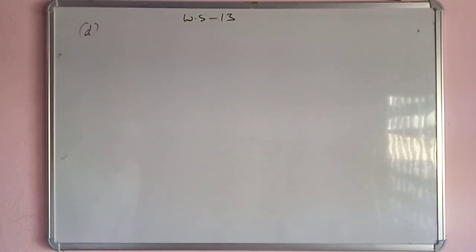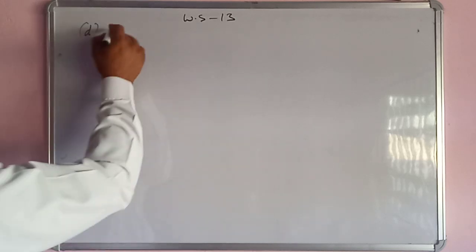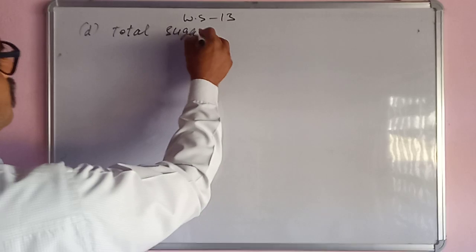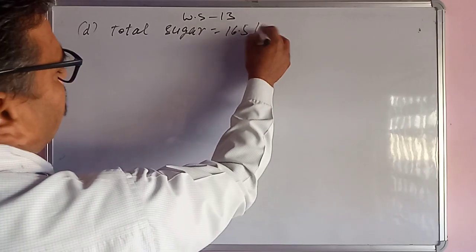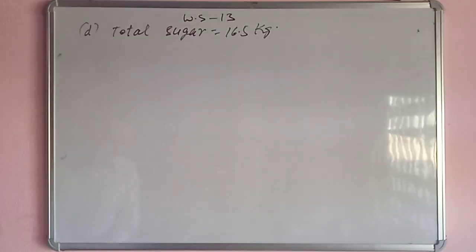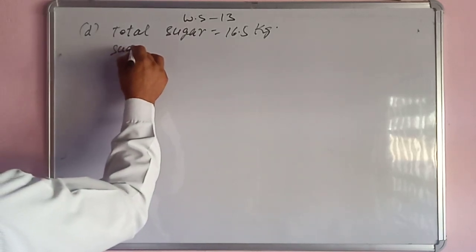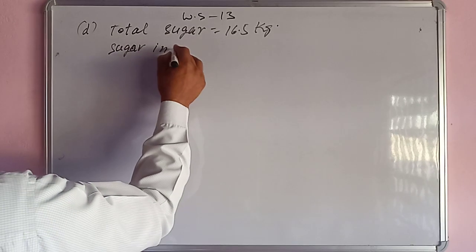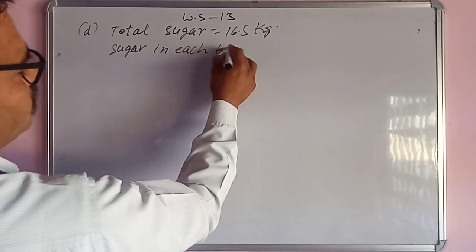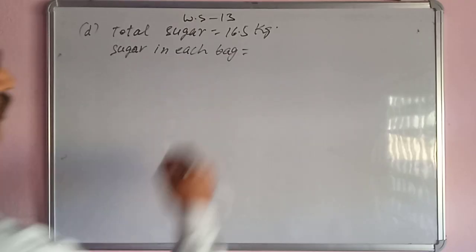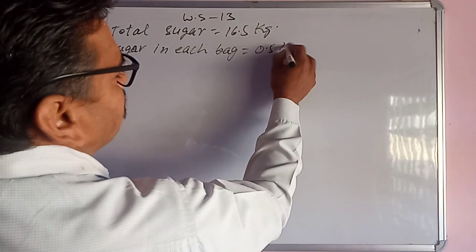It is just like part C. We have total sugar, that is 16.5 kilogram, and sugar in each bag is 0.5 kg.